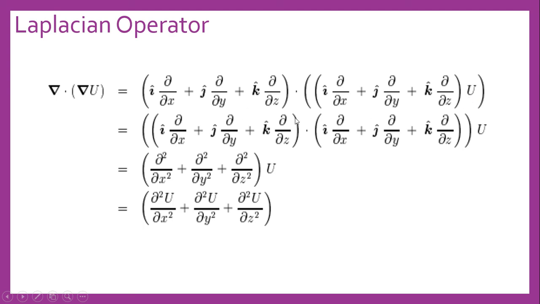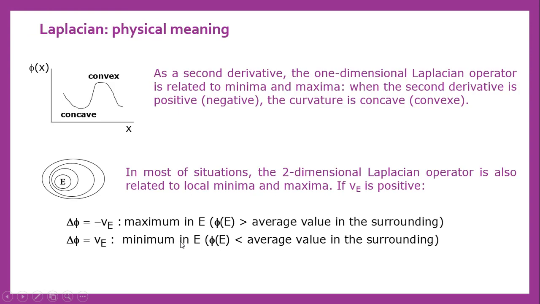When these two have a dot product, you get del square, which is dou square by dou x square plus dou square by dou y square plus dou square by dou z square, and this bracket is a scalar quantity. Then you multiply with u, which at present is a scalar, though it may be a vector also. If you multiply u with this, once again you get a scalar. If you multiply with a vector, you get a resultant vector quantity.